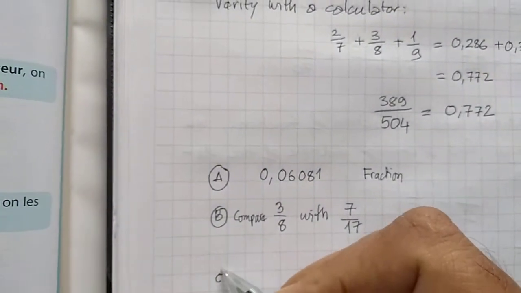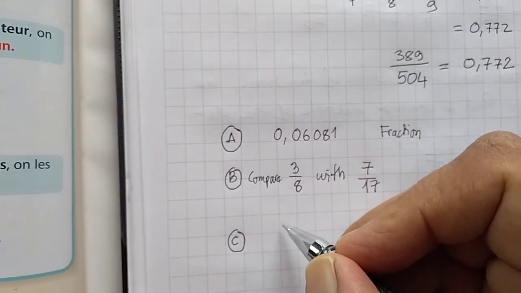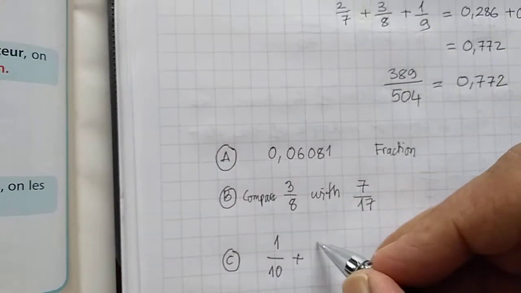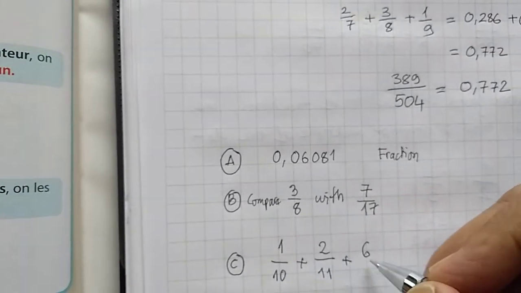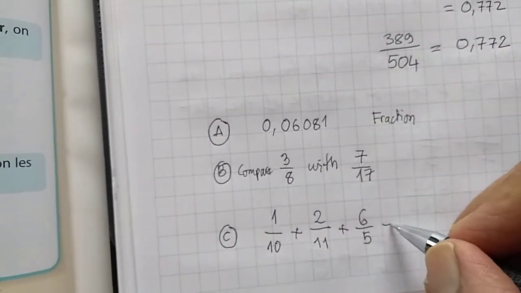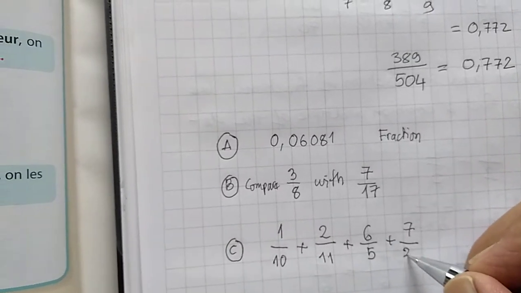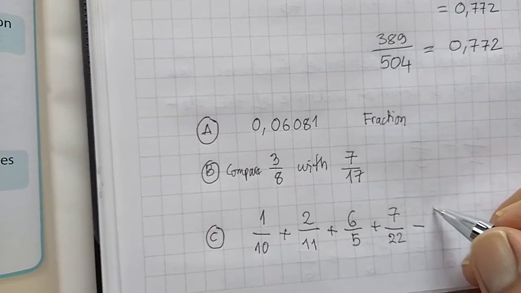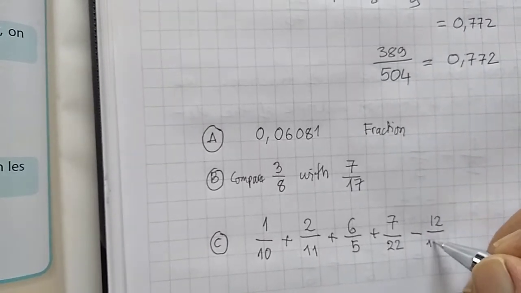Okay, this will be an arithmetic sum: 1 over 10 plus 2 over 11 plus 6 over 5 plus 7 over 22 minus 12 over 110.